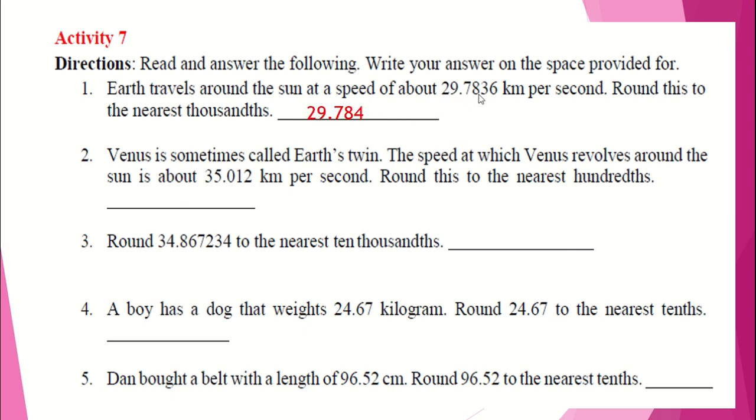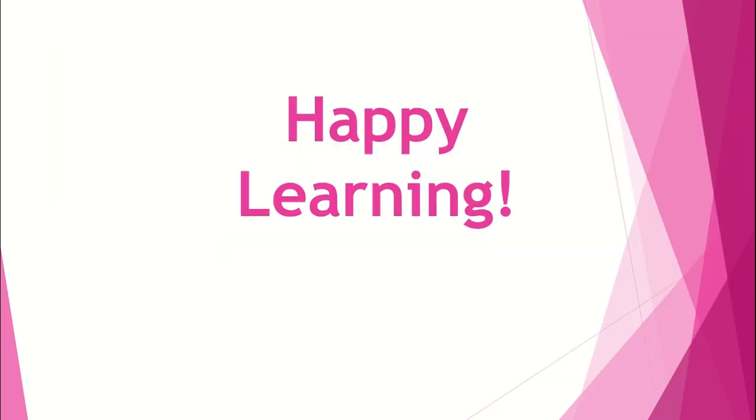So the answer here, the thousandths place is 3. The number at the right is 6. So round up. That's why the answer is 29 and 784 thousandths. So you will do the same with the rest of the items. And that's it. Happy learning!